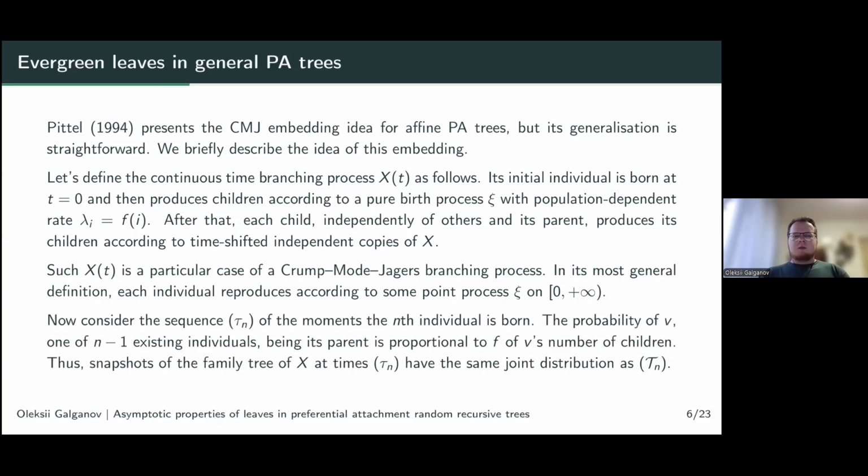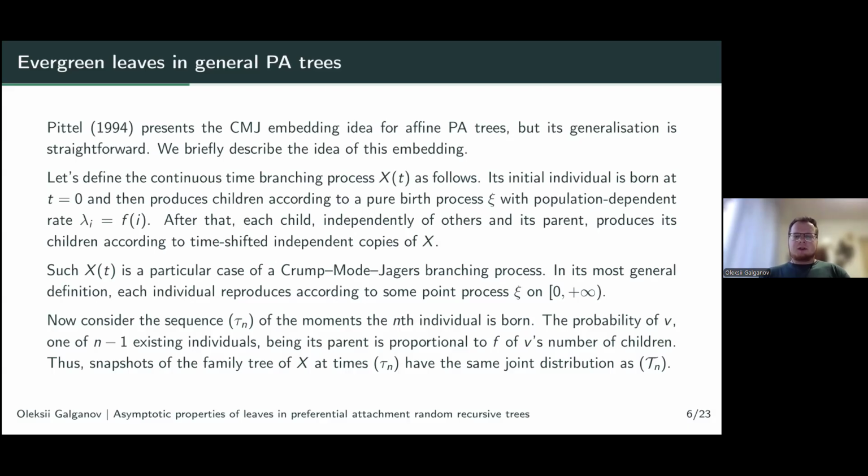So once we have this continuous time process, we can now consider the sequence τ_n of the moments when the nth individual is born. And from the definition of CMJ, when we already have n-1 individuals, the probability of some individual v being the parent of a newly born vertex is proportional to f evaluated on its number of children.